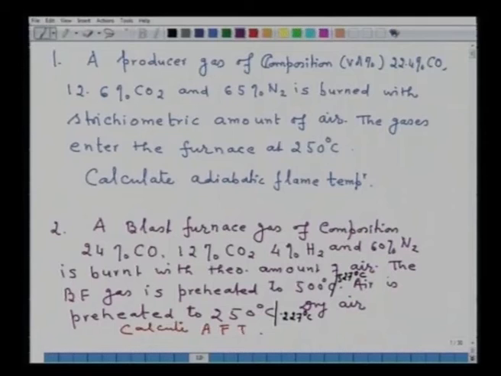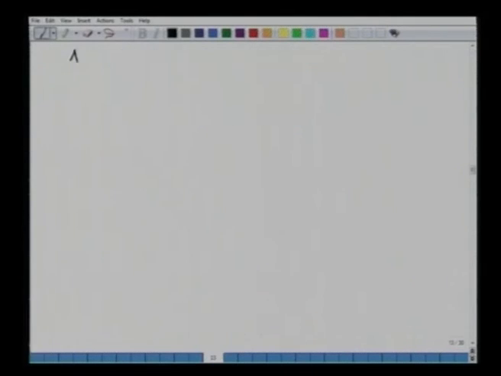So, I am illustrating now another problem, say a producer gas composition 22.4% CO plus 12.6% CO2 plus 65% nitrogen is burnt with theoretical amount of air.